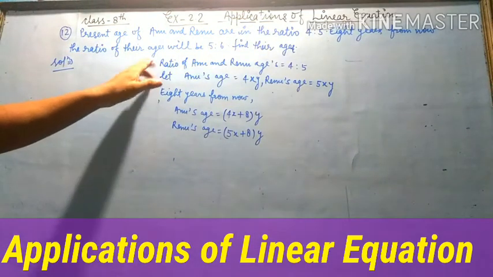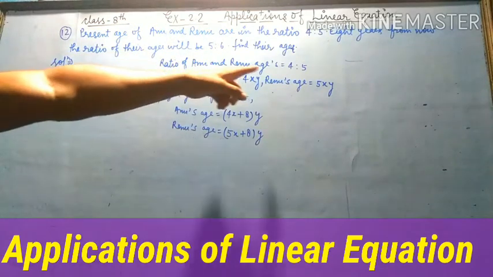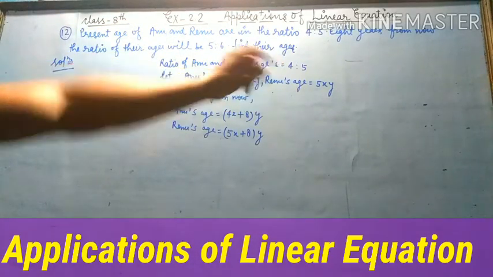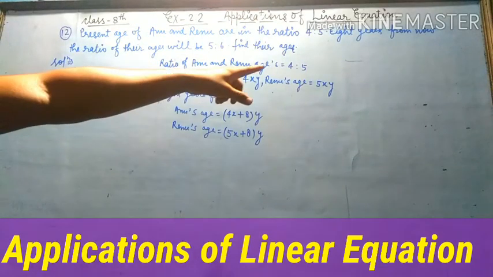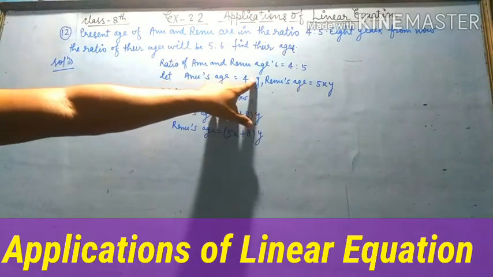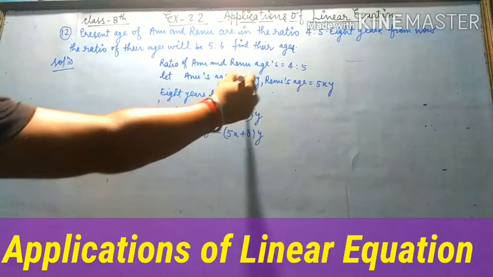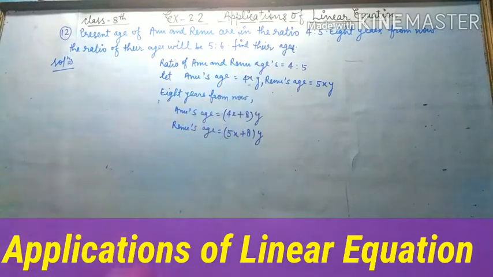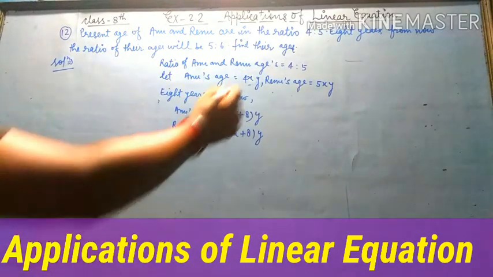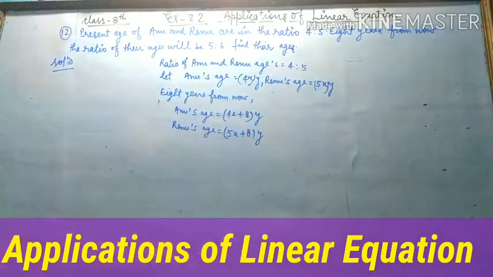So we only know the ratio of their present ages. So the ratio of Anu and Renu is 4:5. So we will remove the ratio and use x. So Anu's age is 4x years. And Renu's age is 5x years.